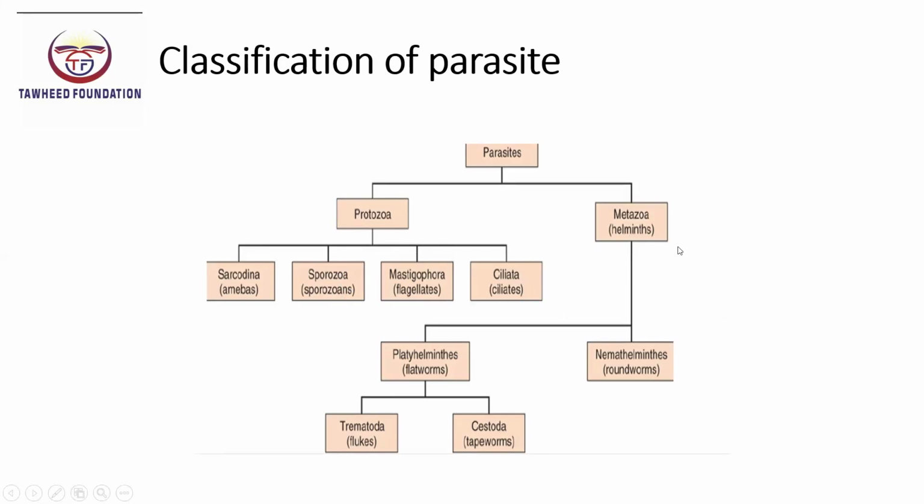Helminths are multicellular worms divided into nematodes, that is roundworms, cestodes, that is tapeworms, and trematodes, which are flukes, with complex life cycles involving a host and often an intermediate host.